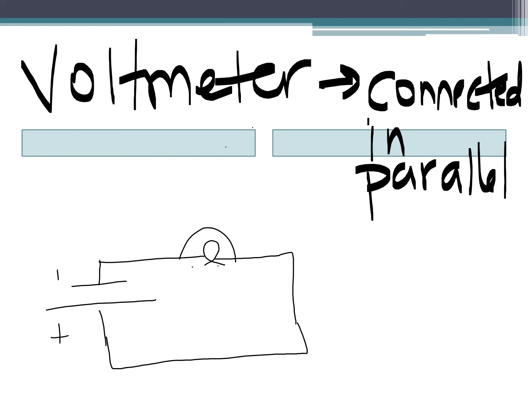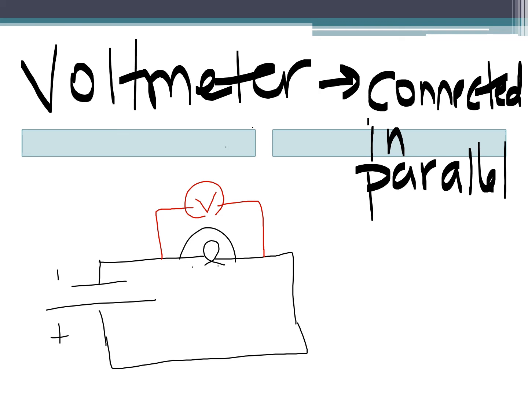The voltmeter, to measure the voltage of this light bulb, has to be connected in parallel. So what you're going to do is draw the voltmeter on top of your device, right? Or you could have it on top of your battery. So depending on what the question says and where it's asking you to place the voltmeter, it has to be connected in parallel, meaning you have to actually draw it on top of the device or the battery, okay?